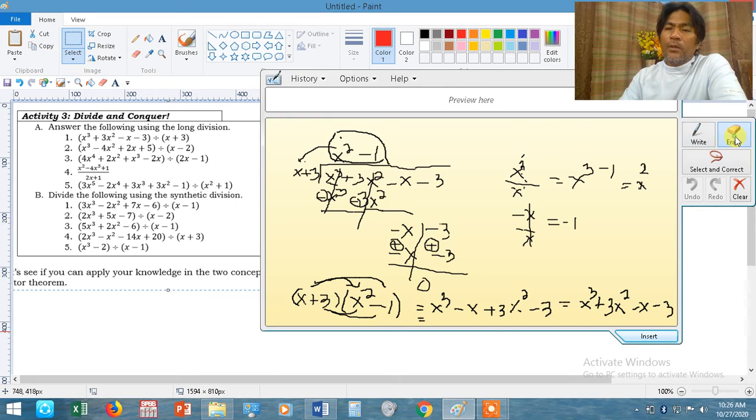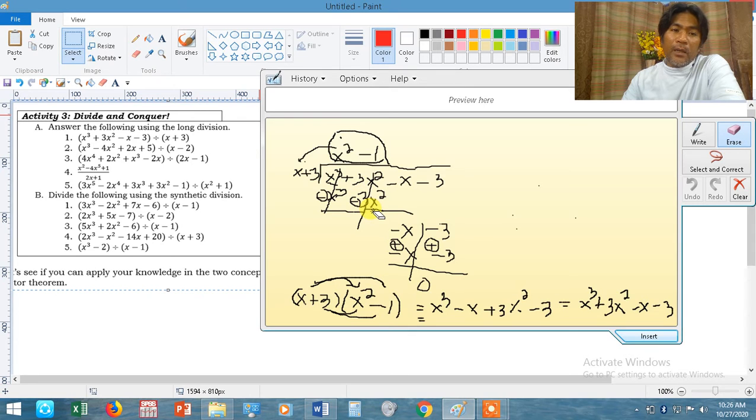So right now, if the long method comes first, how are we going to find the product when we use synthetic division? Synthetic division is looking for the coefficient, and always remember, when we divide, we have to know if the given is complete or incomplete.